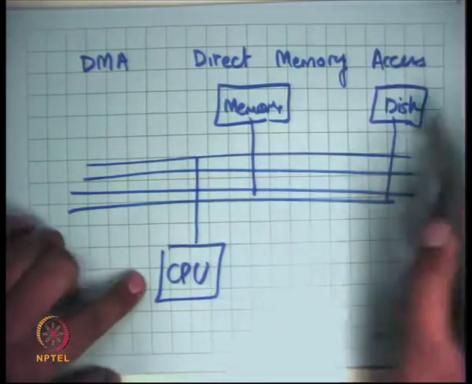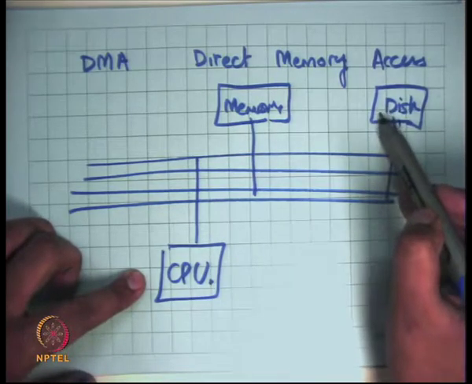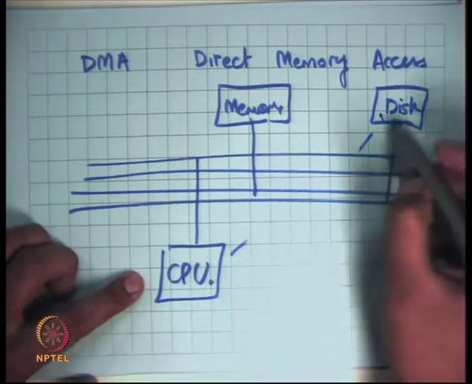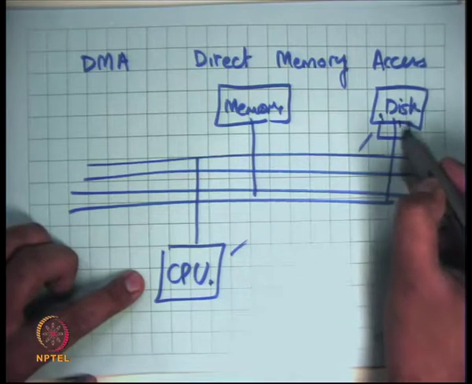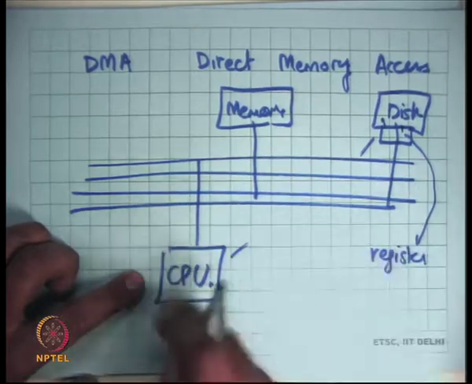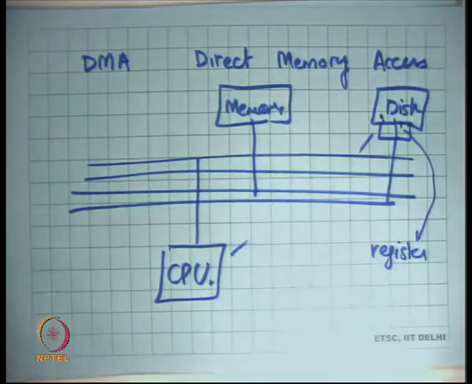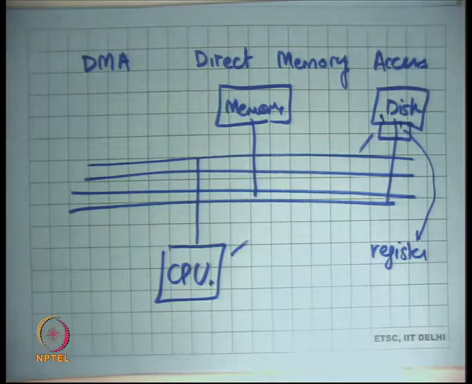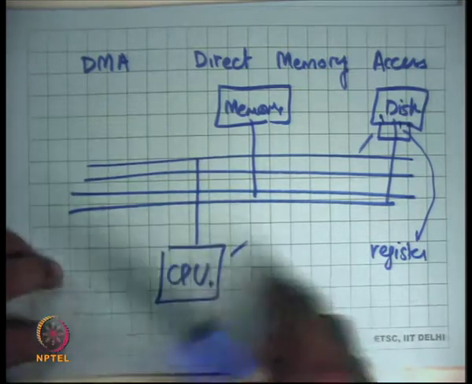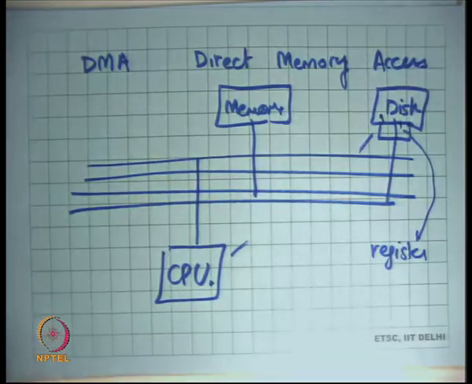Then one way for data transfer is that the CPU one by one starts reading data from the disk. Recall that the controller will have some registers through which the CPU can program the disk. For example, by writing into the register, the CPU can tell the disk, I want to read this sector. And then it can read values from those registers to get the answers from the disk.